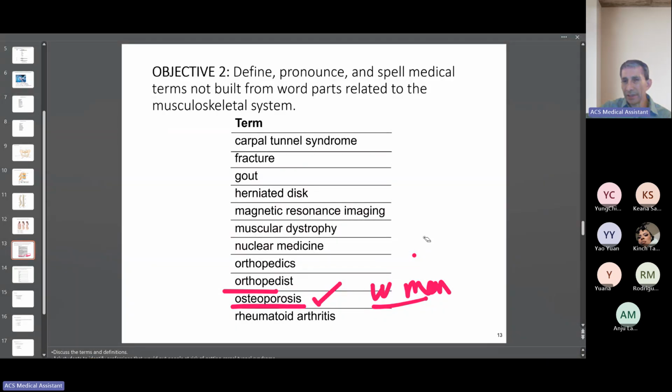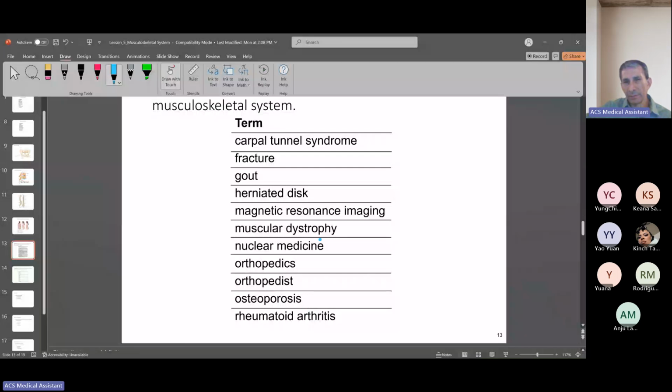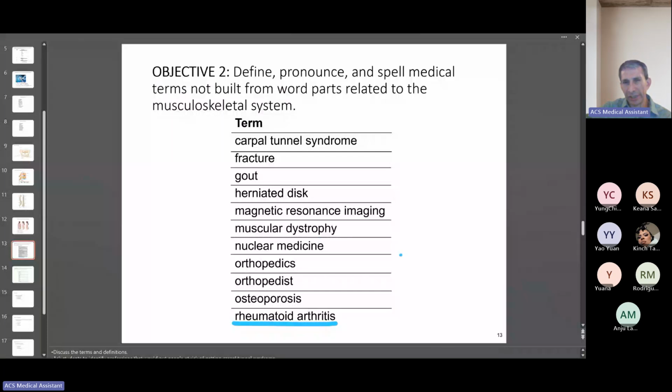Don't forget about that, just in case we don't cover the chapter that contains this in anatomy and physiology, or you have covered it already, but nobody talks about it. So very important. Rheumatoid arthritis, remember we have osteoarthritis.